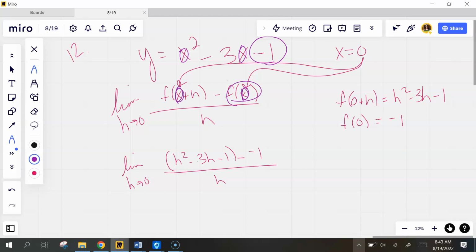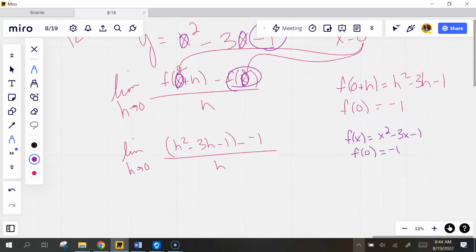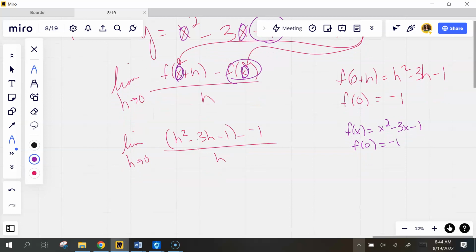And so it's -1. What happens if you have f of x equals x squared minus 3x minus 1? What is f of 0? You put a 0 in for every x. Everybody okay?